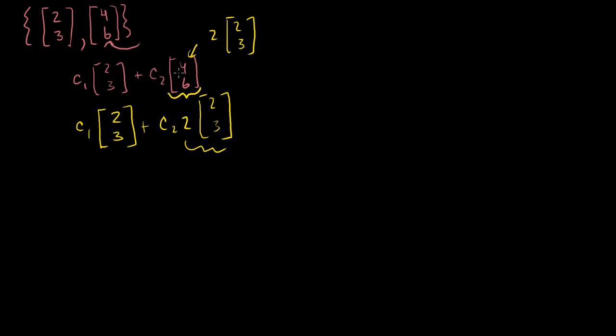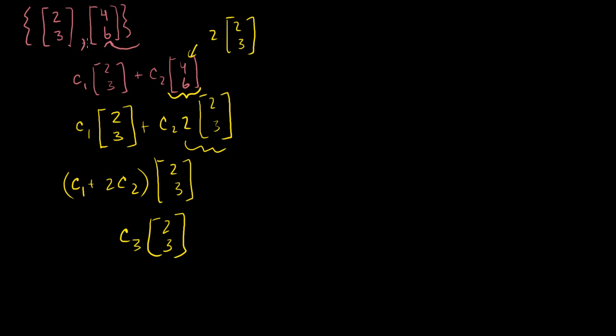Well, then we can simplify this a little bit. We can rewrite this as c1 plus 2c2, all of that times the vector 2, 3. And this is just some arbitrary constant plus 2 times some other arbitrary constant. So we could just call this c3 times my vector 2, 3.